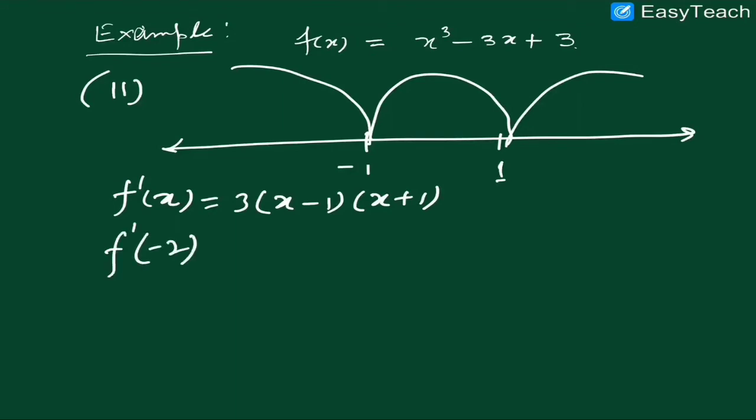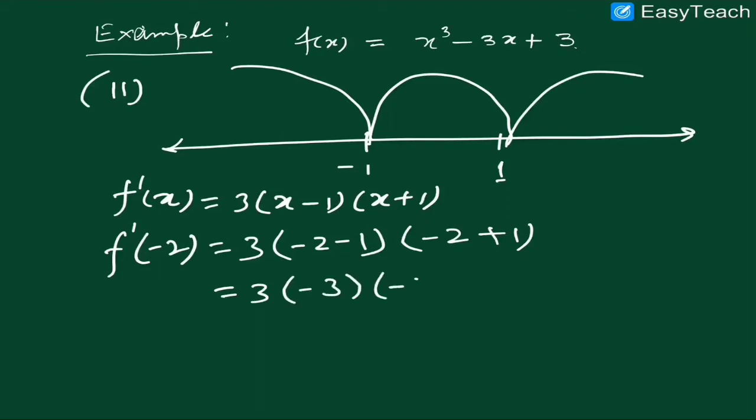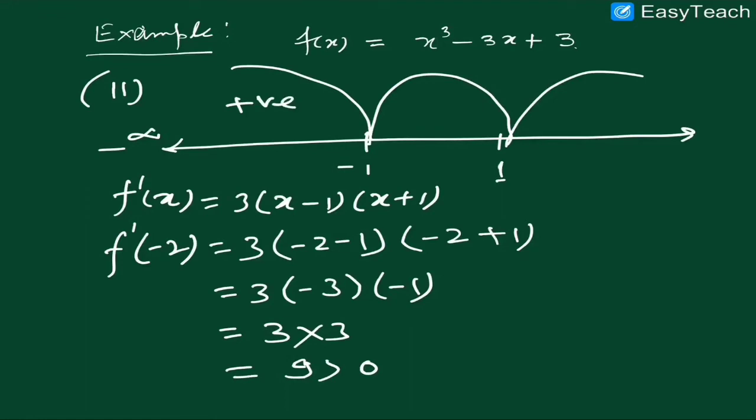So we put x equal to minus 2, we get 3 into (minus 2 minus 1)(minus 2 plus 1), 3 into minus 3 into minus 1, equal to 3 into plus 3. Finally, we get 9, which is positive. So the sign in the interval minus infinity to minus 1 is plus.